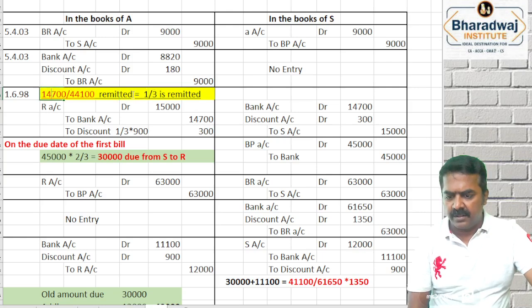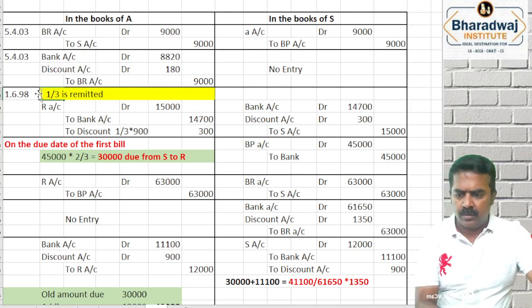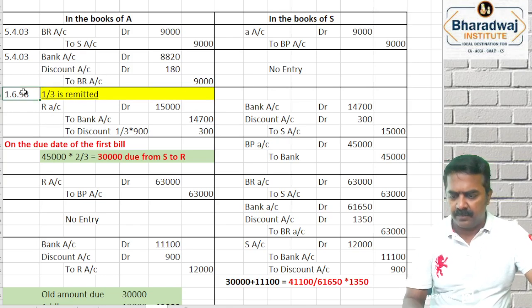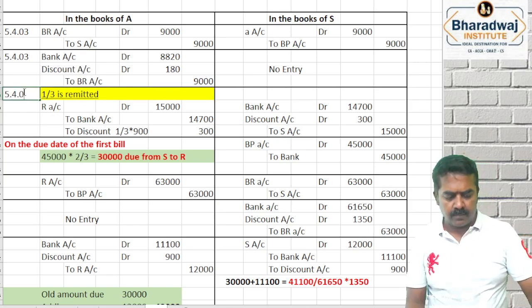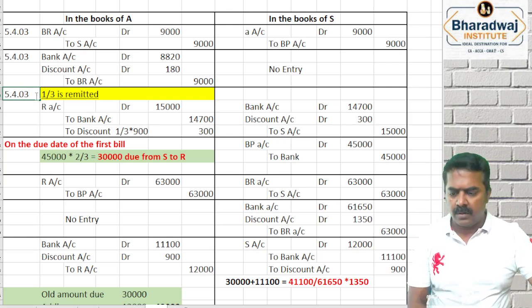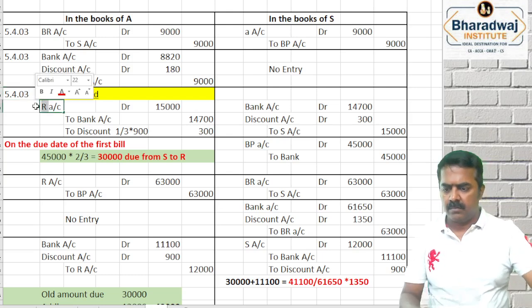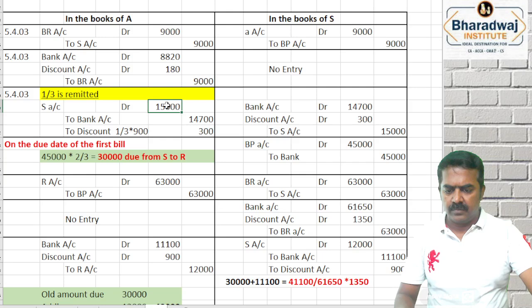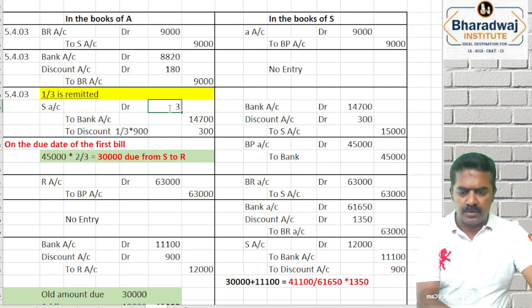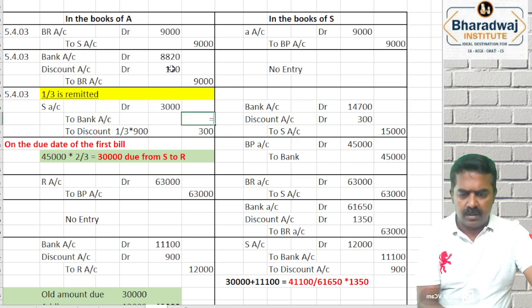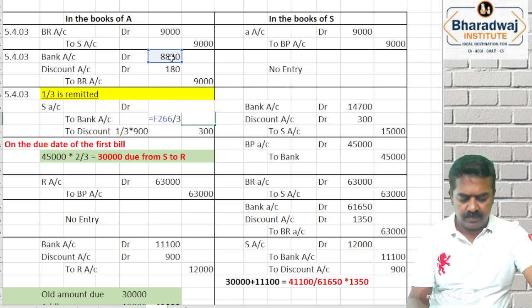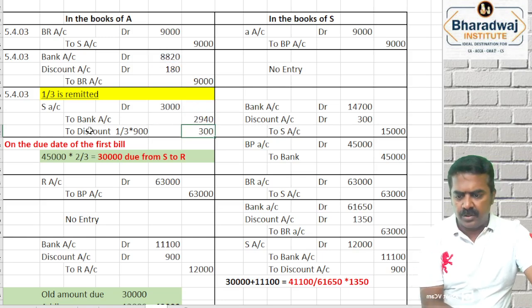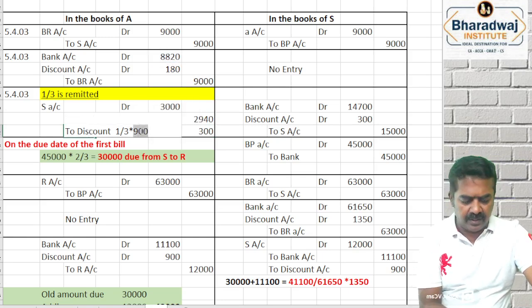How much is remitted? 1/3 is remitted in the solver. Yes, account debit. 1/3 of the amount will be 3,000. Amount 1/3 now. Discount will be 1/3 of 180.